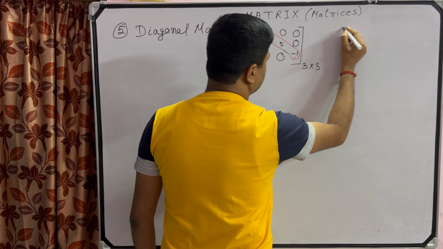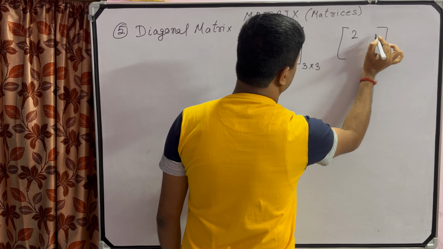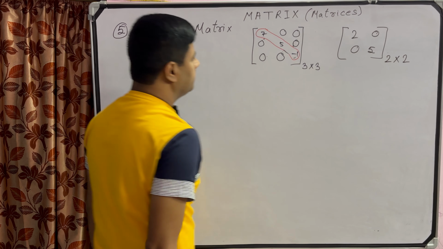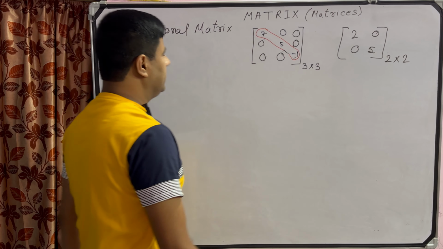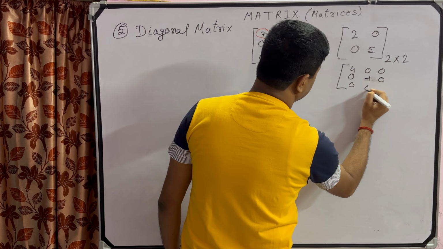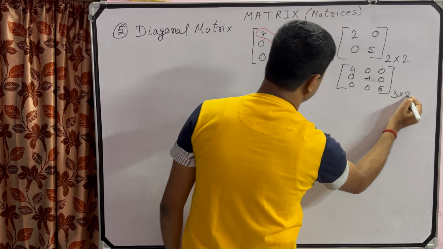You can take another example, like 2, 5 on the diagonal and the rest 0. So this is a 2 cross 2 diagonal matrix. Another example of a 3 cross 3 diagonal matrix: 4, 0, 0, 0, minus 1, 0, and 0, 0, 5.